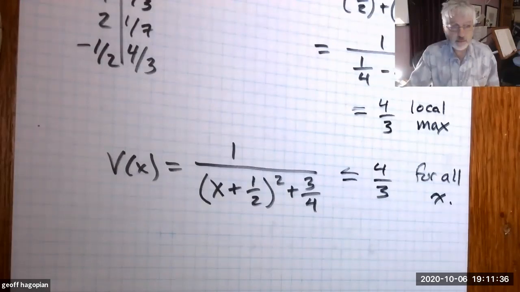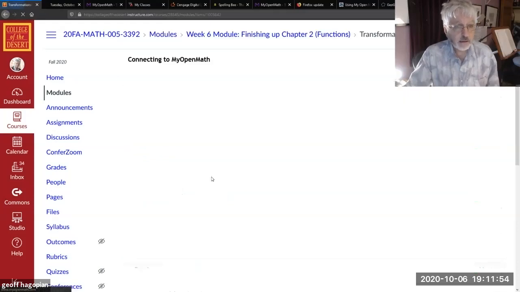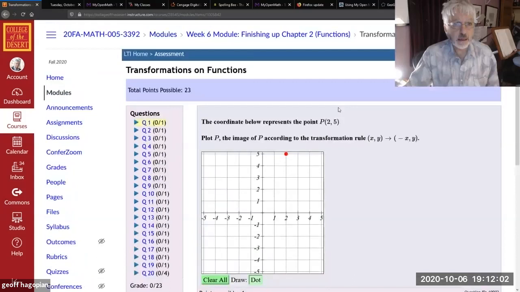Let me just point out that we do have these homeworks, which are on transformations, and we're not ready to deal with those. So if you can work on 1 and 2 for now. A lot of them you can probably work just based on your knowledge.